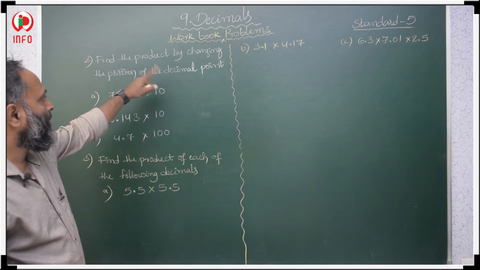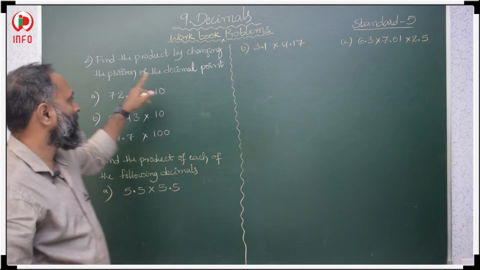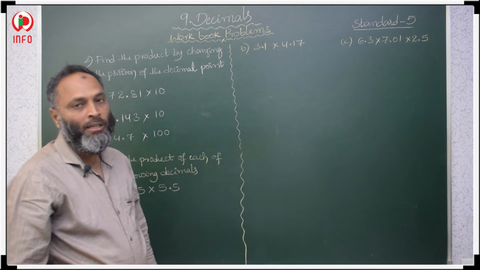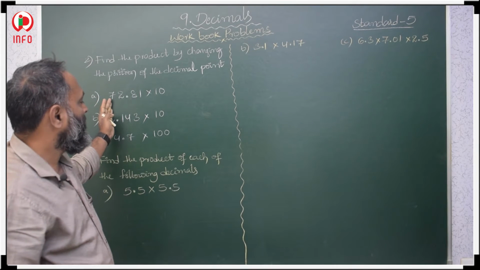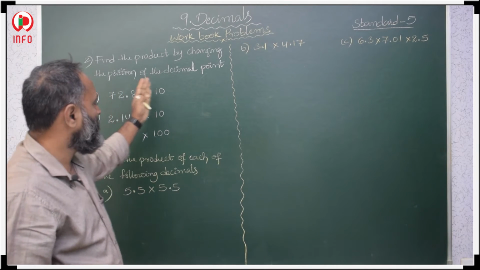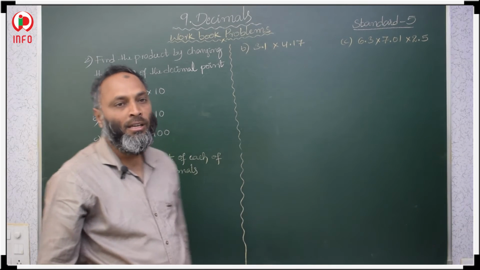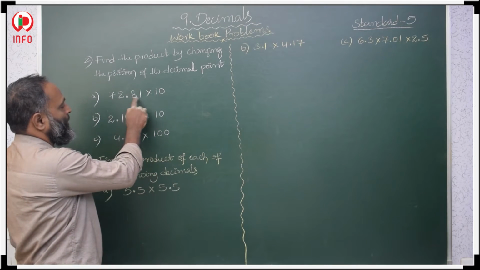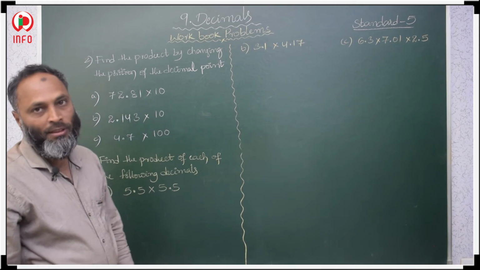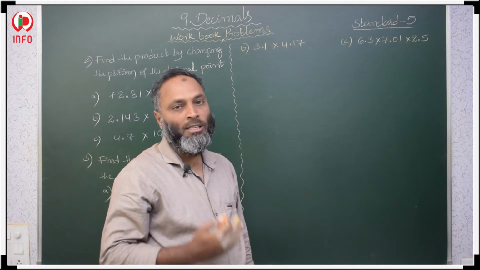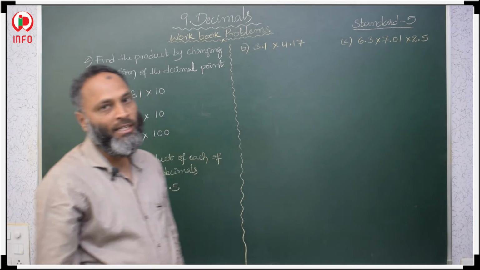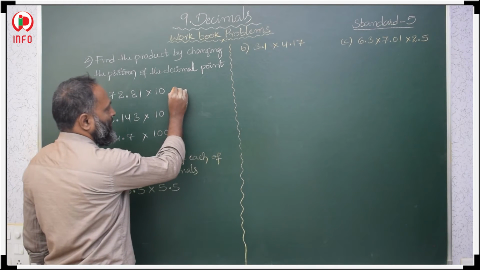Here, find the product by changing the position of the decimal point. So, how to change if the decimal number is multiplied with tens, hundreds, thousands. See here, 72.81. If we multiply with 10, what happens? The decimal point moves one place right, one digit right.